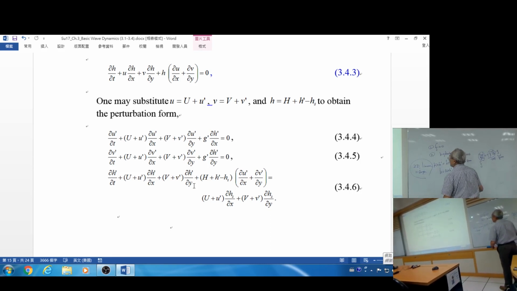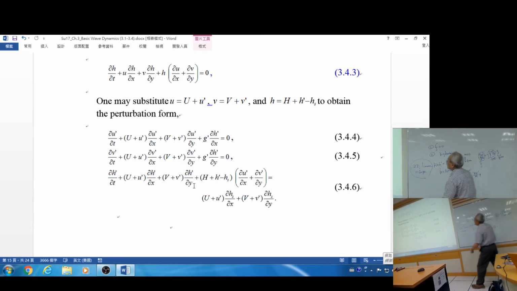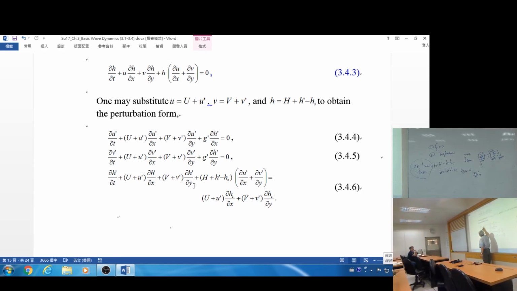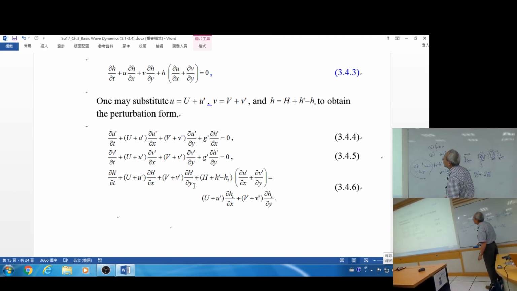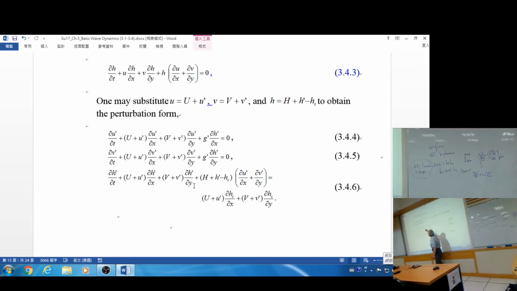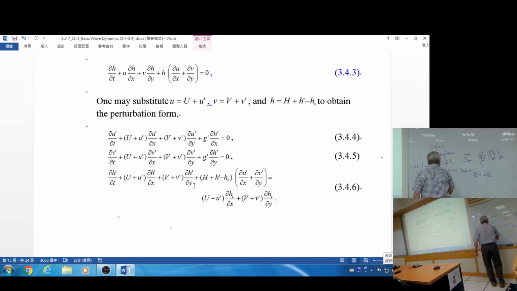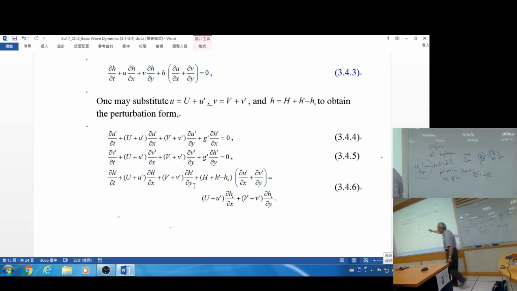3.4.4. First term stays. Second term, this is much smaller than this one, so this is a nonlinear term, ignored. So then we have u, partial u prime, partial x. And this term goes because for 2D, only x, so partial y, no matter which, is equal to 0.